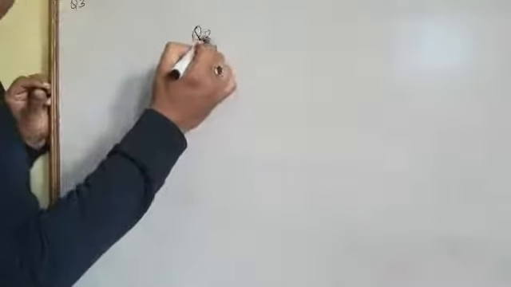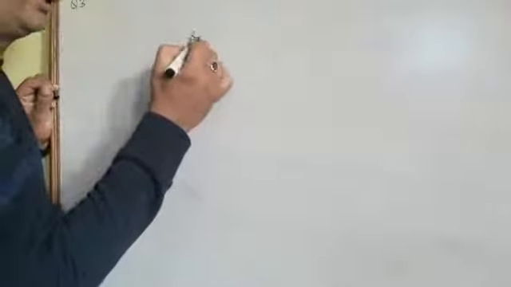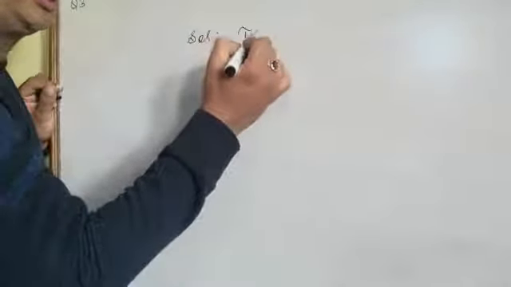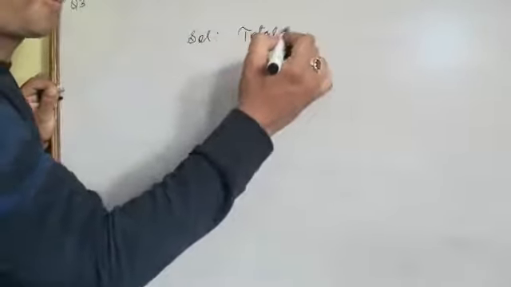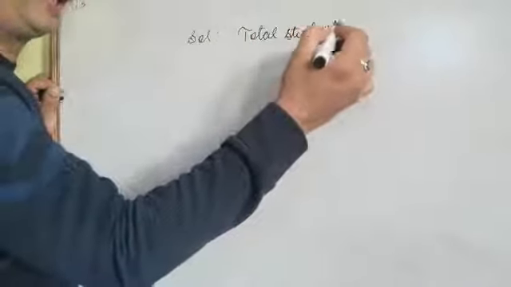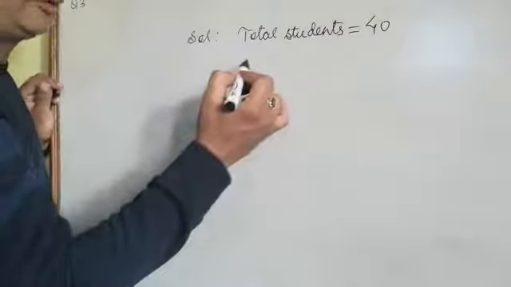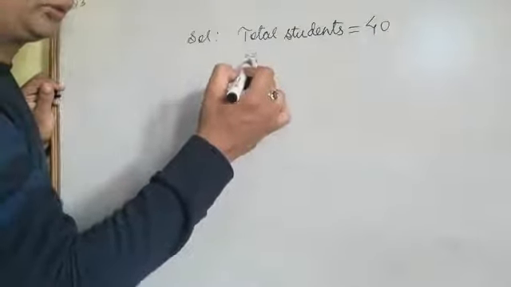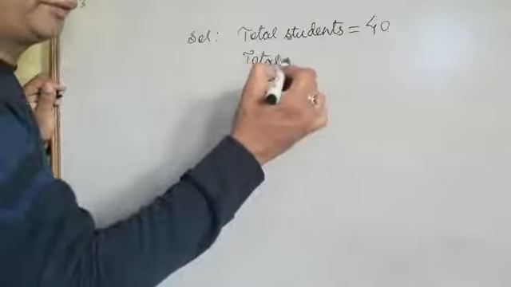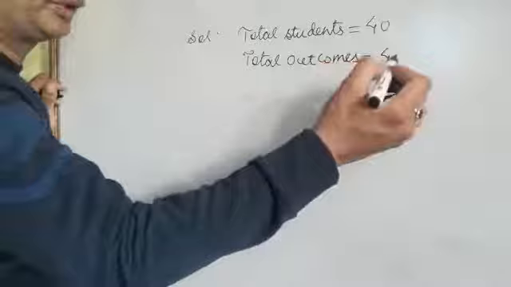So we have question number 3. We'll write here solution of 3. Total students is 40. That means our total outcome will also be 40, because we have seen that the total outcome is 40.